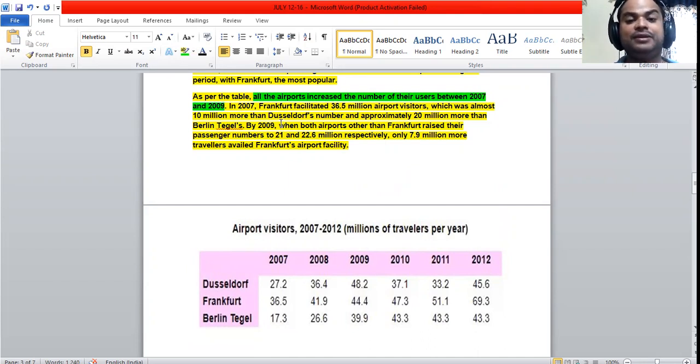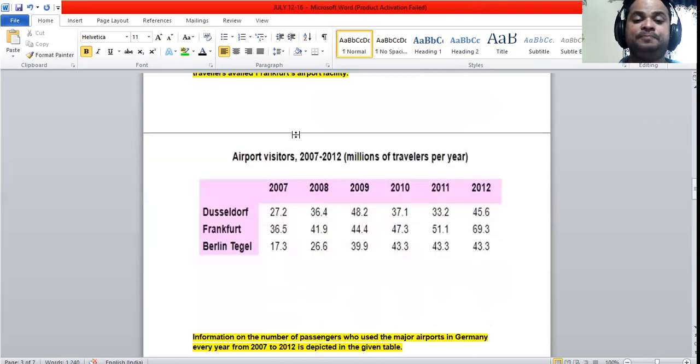In 2007, this was the situation, and 2009, this became the situation. So I can say it increased. All the airports increase the number of the users. I can say that this is the percentage of increase too, not the percentage, the number of increase too.